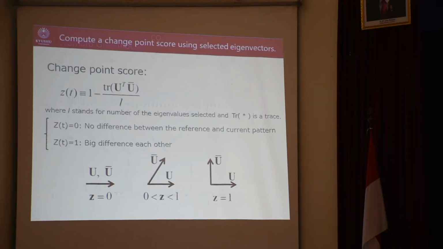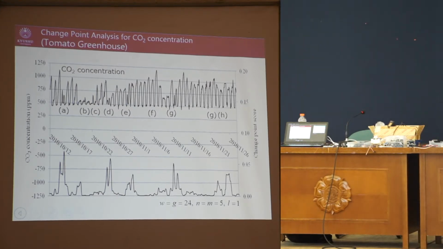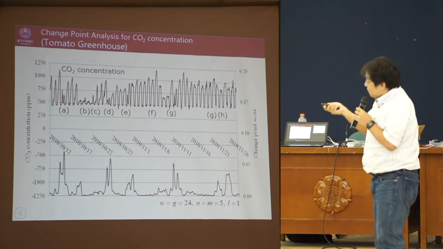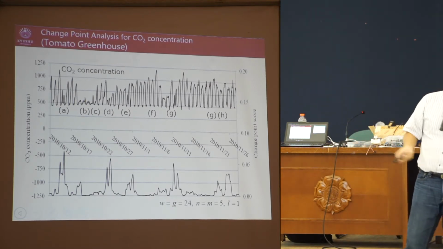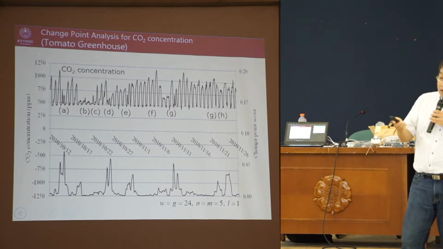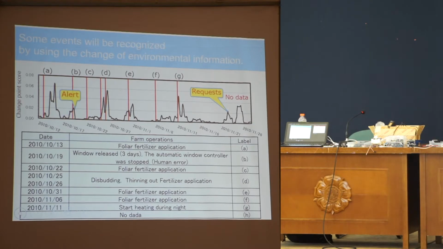So we apply this method to the CO2 concentration in the greenhouse. So we got several change points. Change point high, this part high. What is this? I compared this with the farm record.